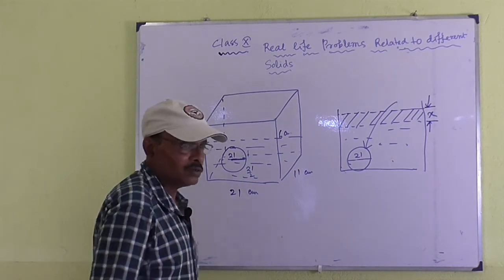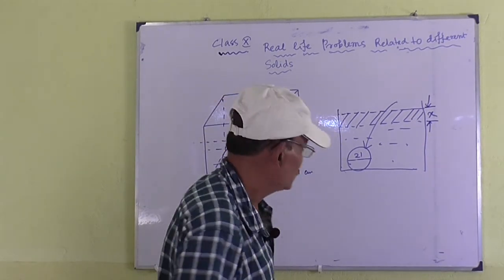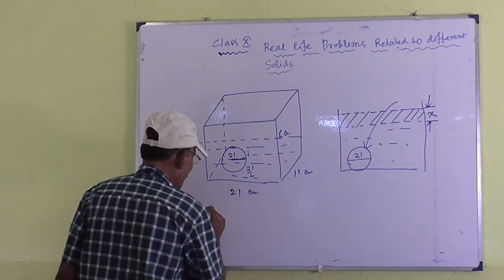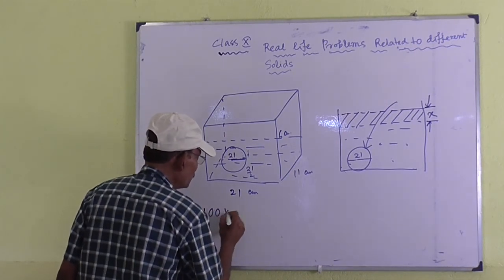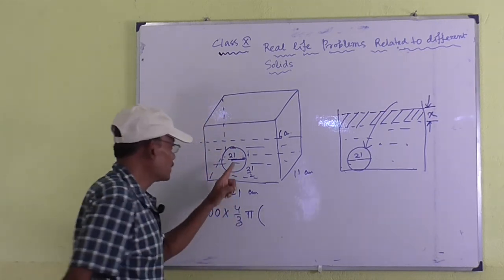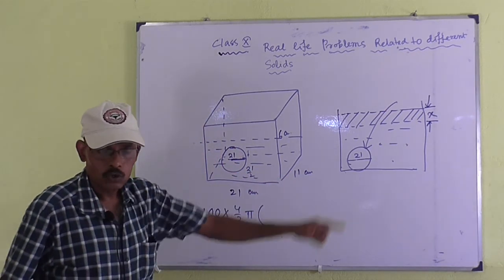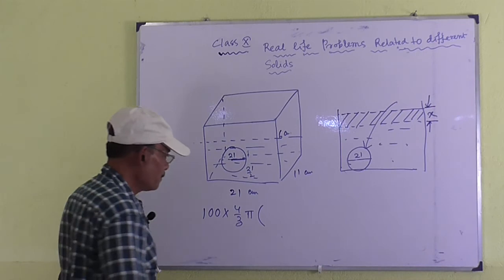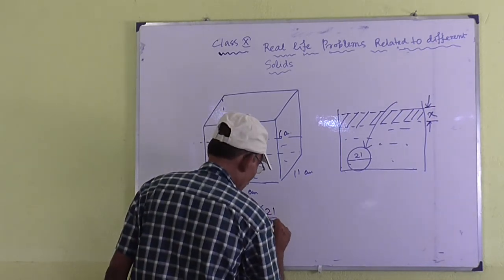So, according to the theory of Archimedes, 100 into 4 by 3 pi r cube, where the diameter is given as 21, so r is 21 by 2, whole cube.